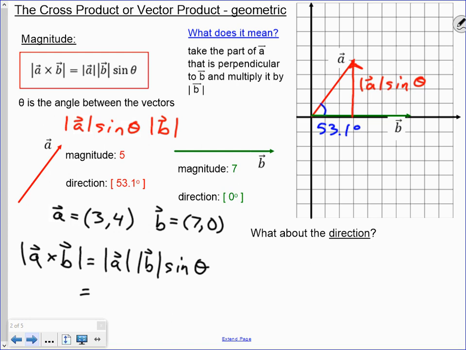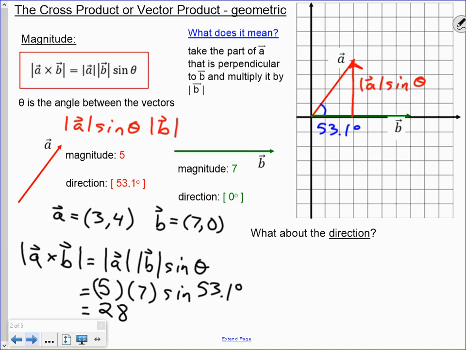We know our magnitude of vector A is 5. Our magnitude of vector B is 7. We do the sine of the angle between them, which is that 53.1 degrees. And we punch this into our calculator, and we get an answer of 28. So 28 is the magnitude of the cross product of vectors A and B.